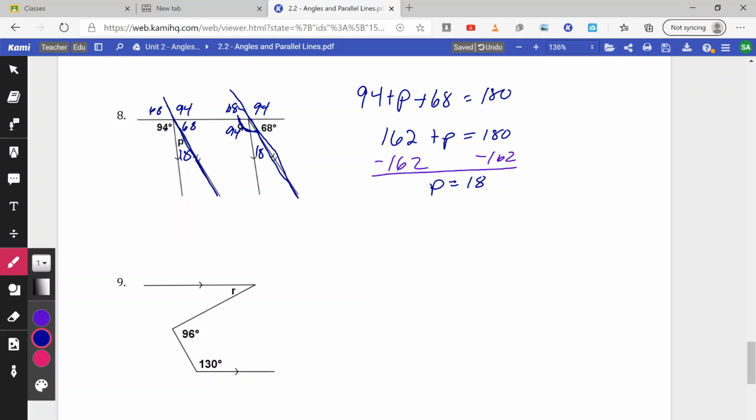So to figure out Q, we know the whole way is 94. So what we want to do here is we want to take 18 away from 94.